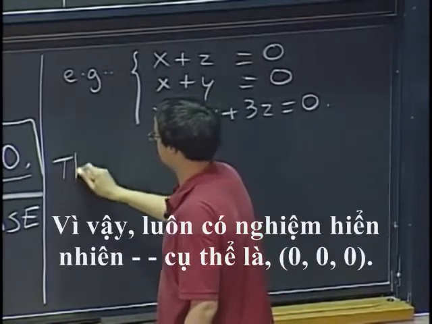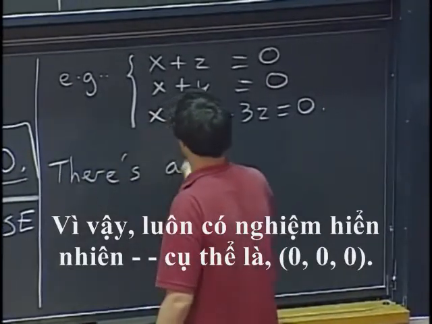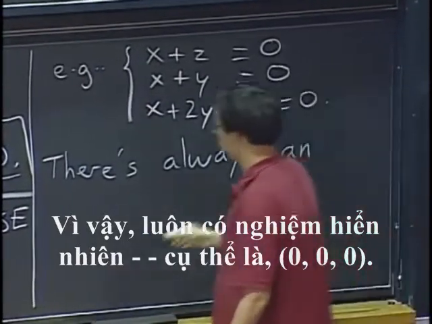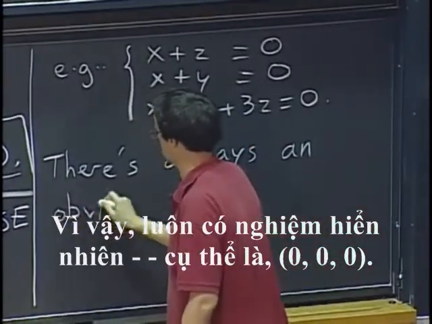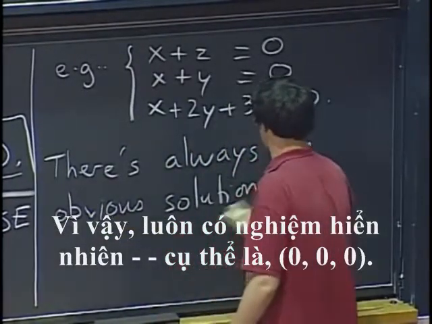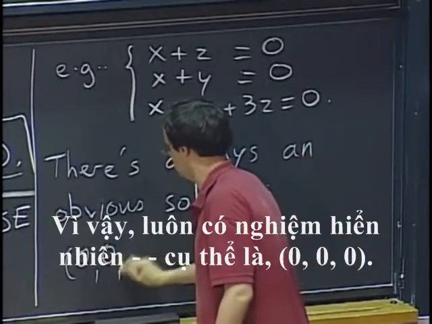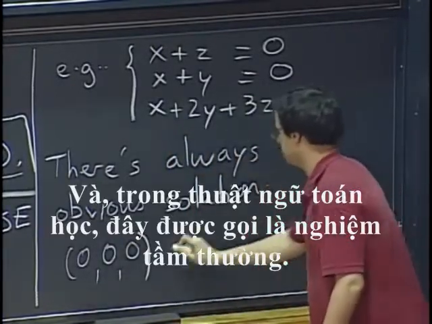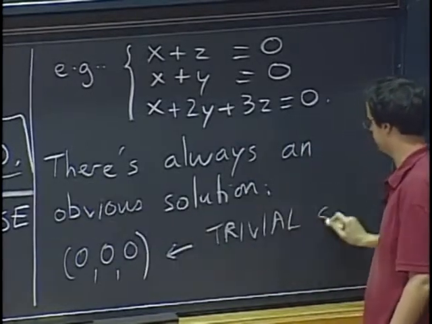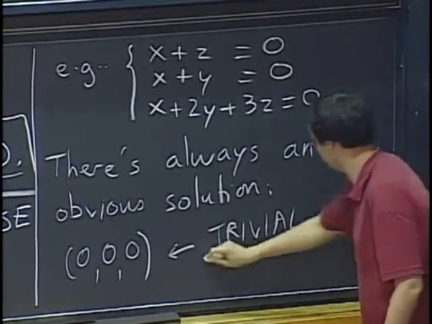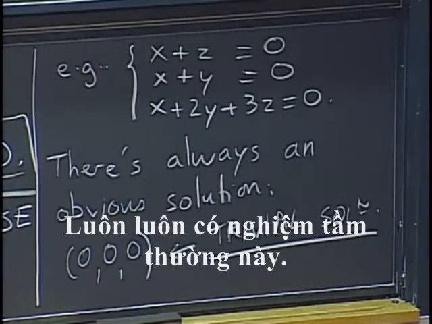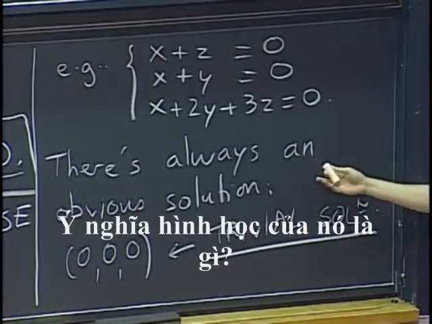So there's always an obvious solution, namely 0, 0, 0. In mathematical jargon, this is called the trivial solution. There's always this trivial solution. And what's the geometric interpretation?